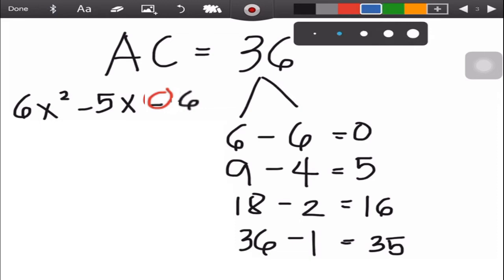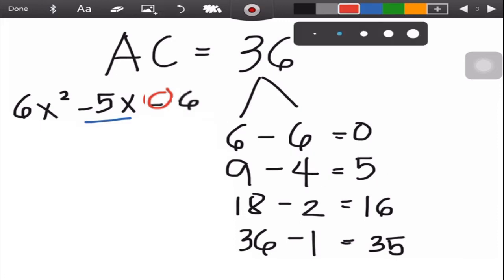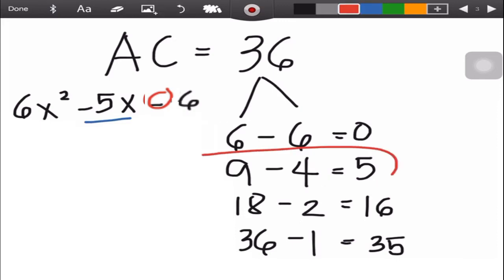So which among the pair of factors will give you the middle term? Our middle term is 5. So which pair? So we will use 9 and 4.